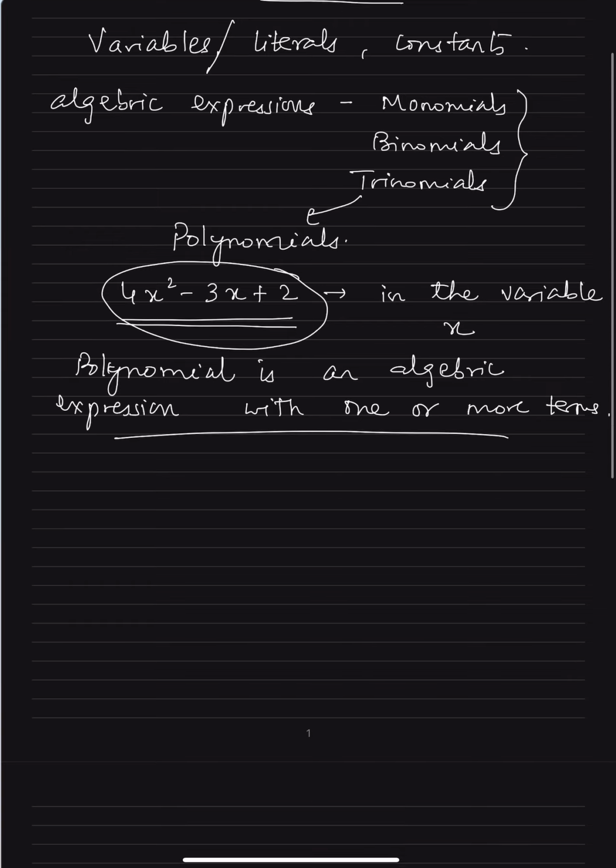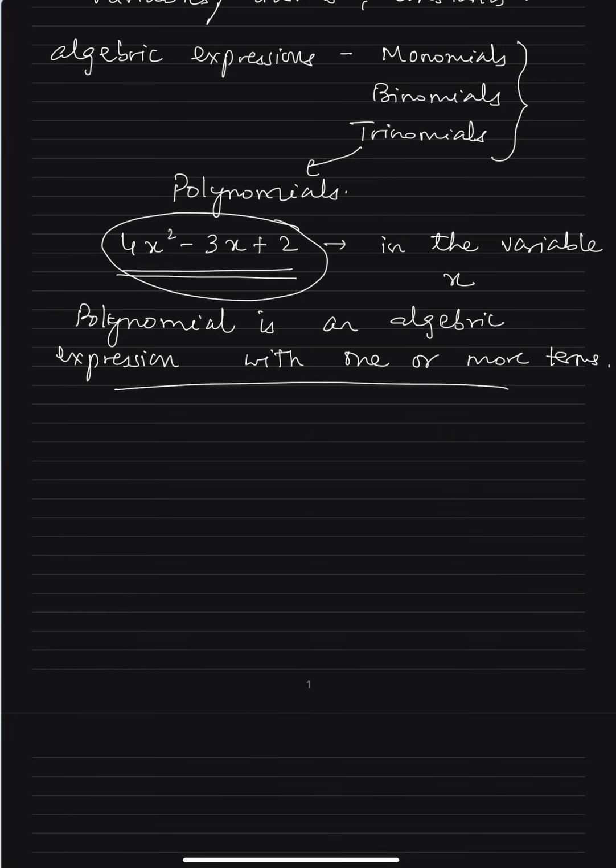Now, if the same algebraic expression I take, 4x square minus 3x plus 2, then over here 4 and minus 3 are the coefficients of the variable x.